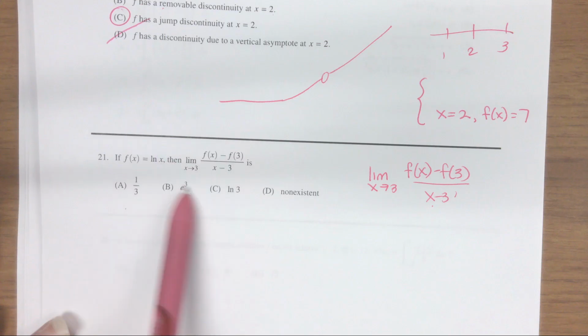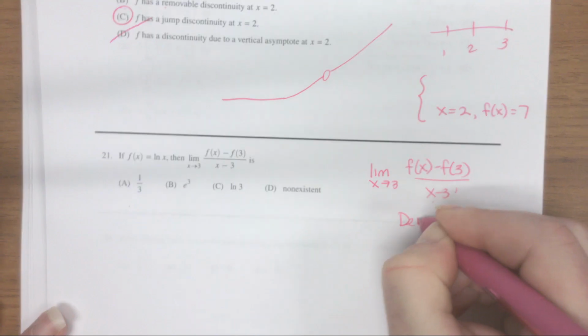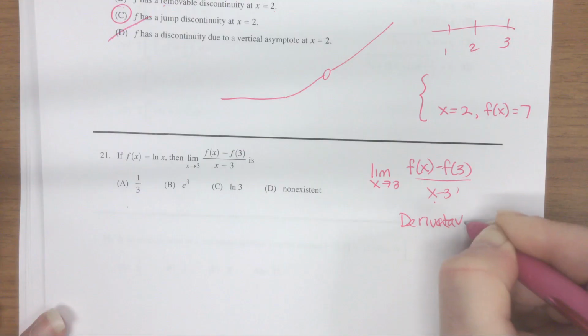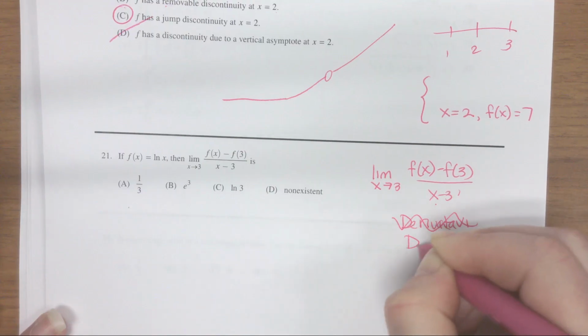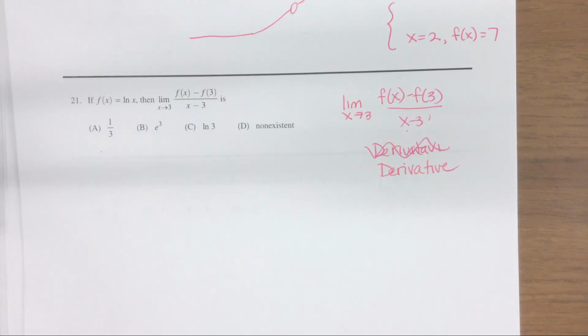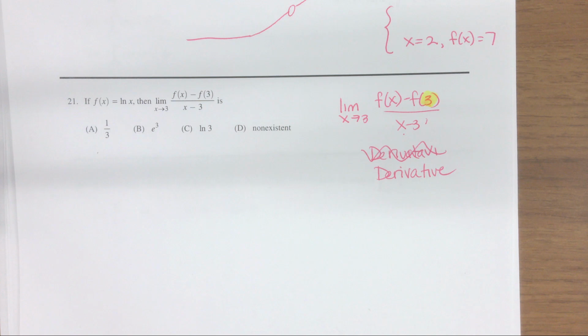So when you're doing this, if I know that this is the derivative, I'm spelling that all wrong. Okay, what's the point that we're looking at? What are we getting closer to? What x value? 3. I need to do the derivative at 3. Go back in the problem.